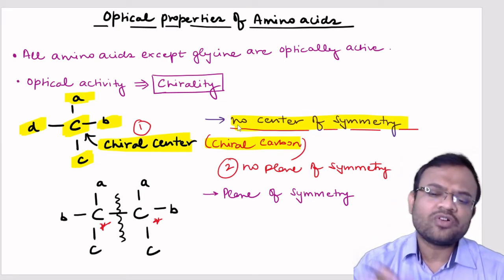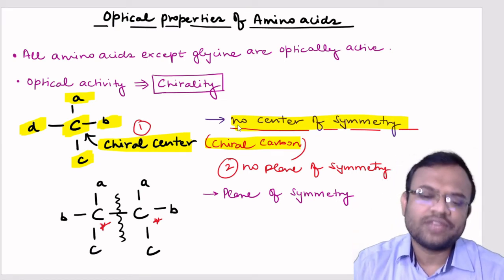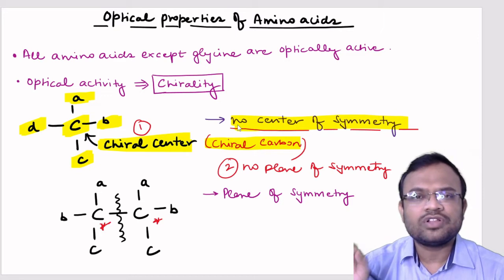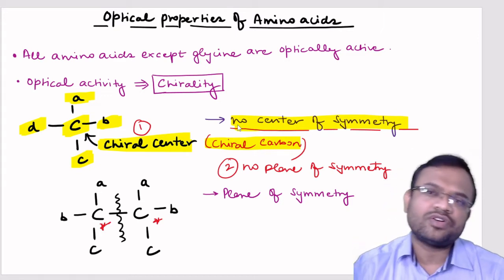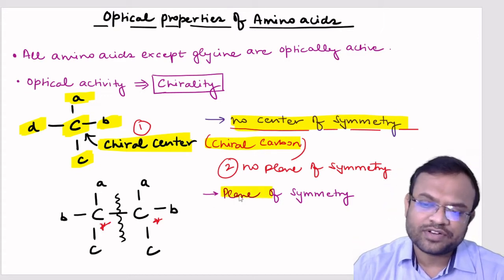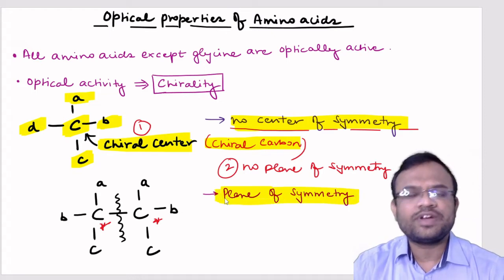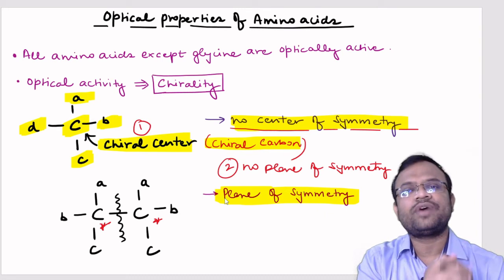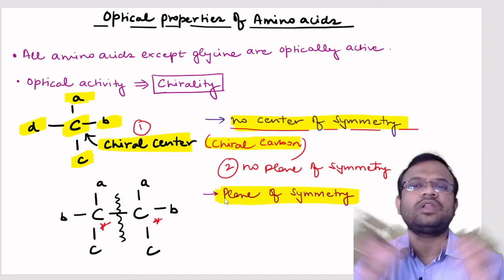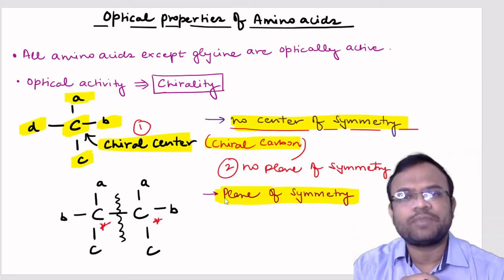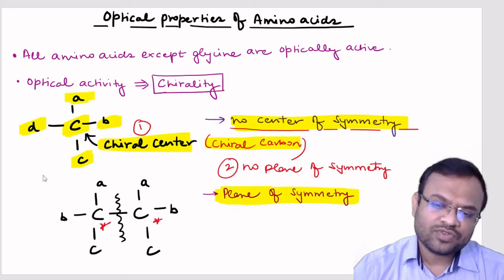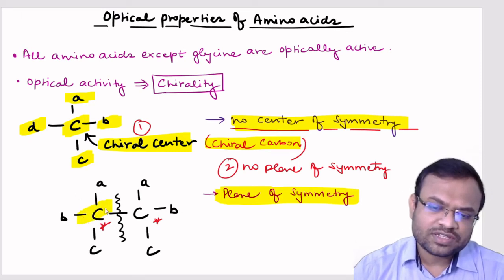Now, when we are talking about large molecules, we should also consider the concept of plane of symmetry. So what is a plane of symmetry? A plane of symmetry is just a plane that can divide the molecule into two equal halves or two symmetrical parts. For example, if you see in this second structure, this is a carbon.